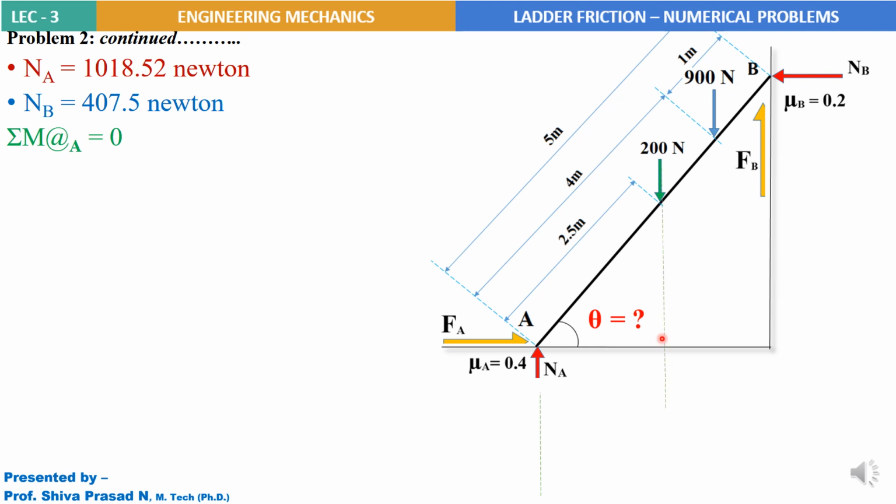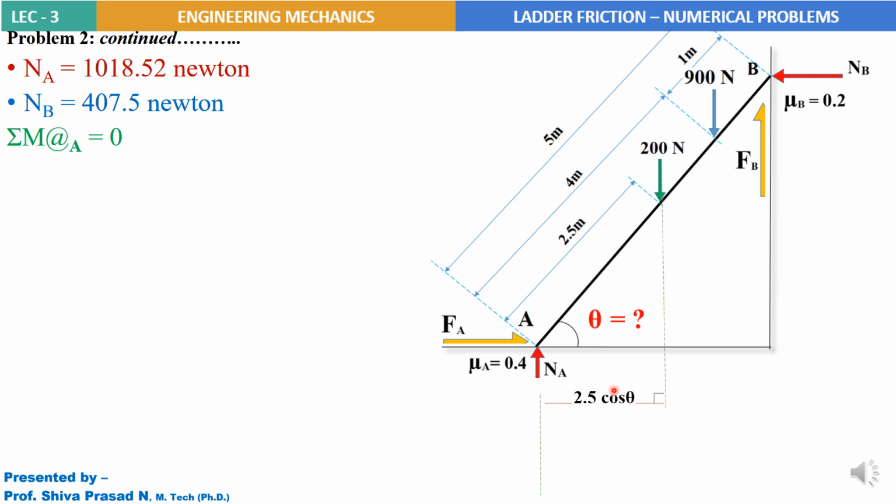First, 200 Newton force, the perpendicular distance between line of action and moment center A is this perpendicular distance. So how do I get that? I don't know theta now, so I'll express that in terms of theta itself. So applying cos theta to this triangle with hypotenuse 2.5 meter length, the adjacent side measures 2.5 cos theta.